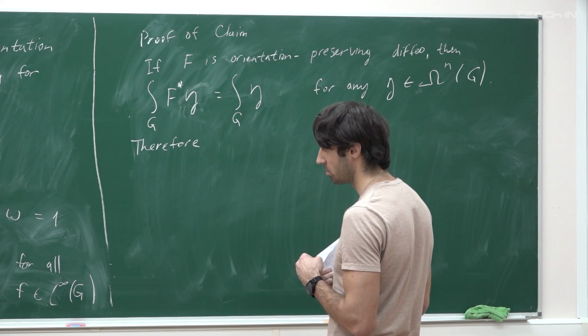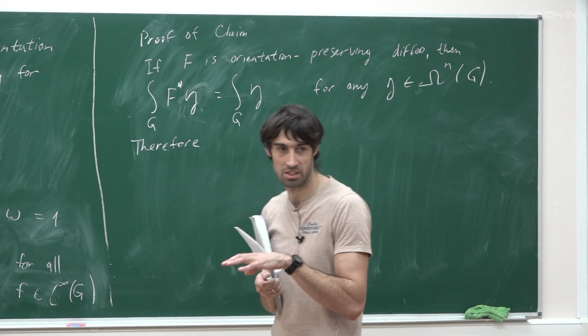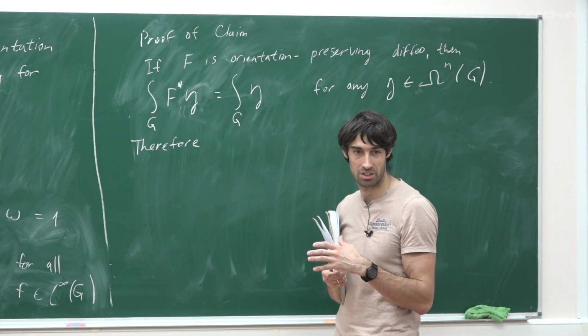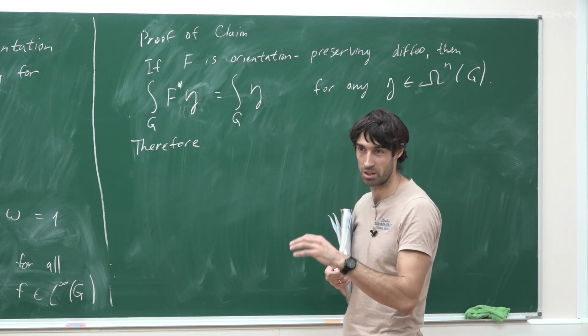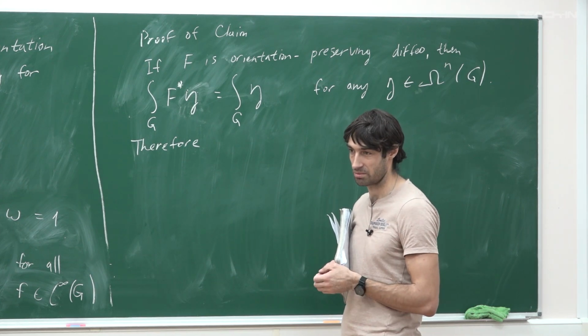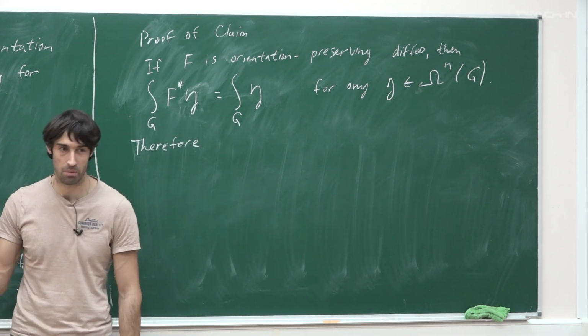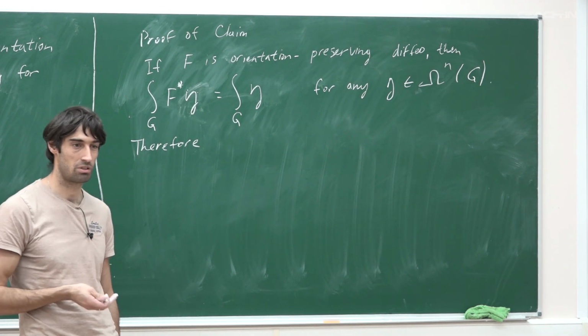Well, just because omega is invariant with respect to left action, right? So if I shift by left action, I get again omega. So L_g star omega gives me the same orientation as omega. So this is an orientation preserving diffeomorphism.